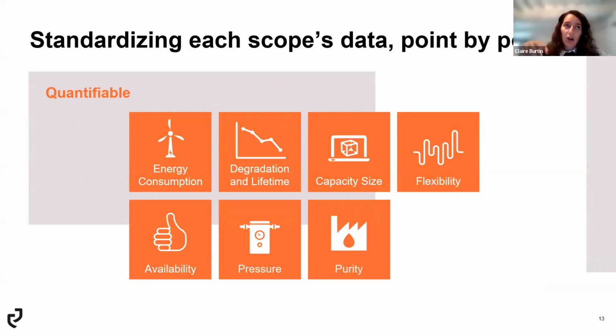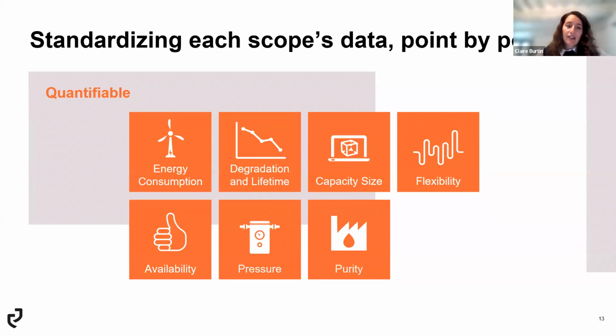When you look at the overall levelized cost of hydrogen as it is today, and you put that in a pie chart, you can see that for all the projects, the energy cost is between 65 and 85% of the levelized cost of hydrogen.